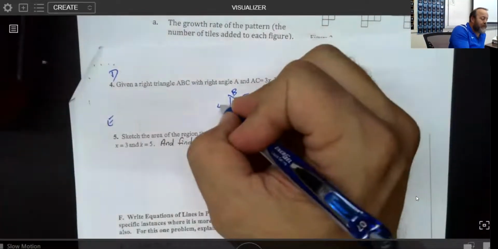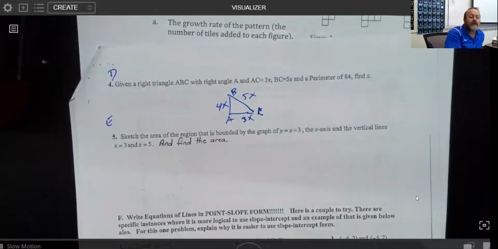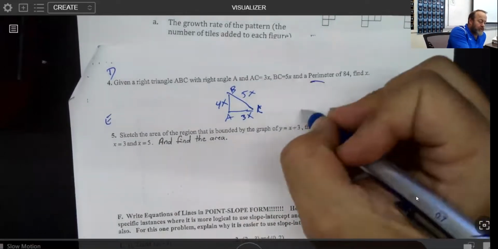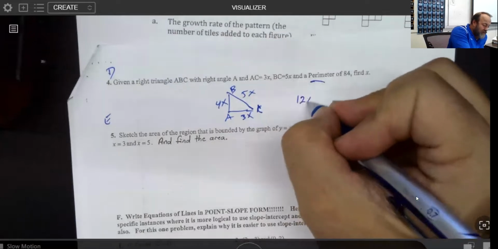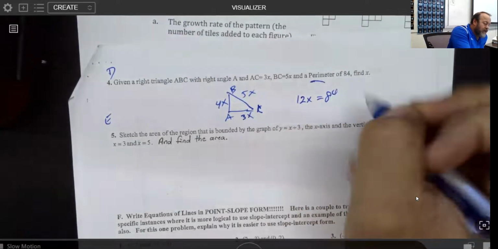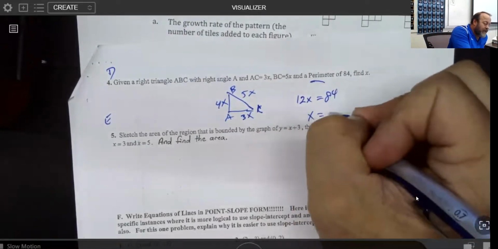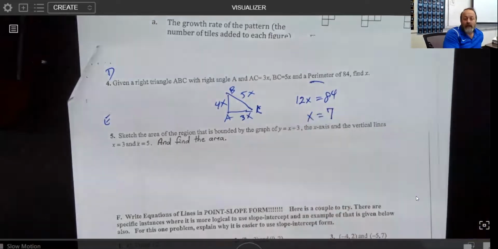Clearly, this is playing with that 3, 4, 5 triangle. And so we have a total perimeter of 3 plus 4 is 7 plus 5 is 12x, being 84. So the value of x better be the number 7.